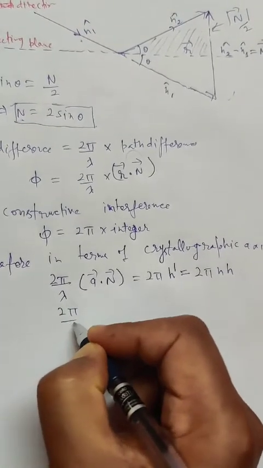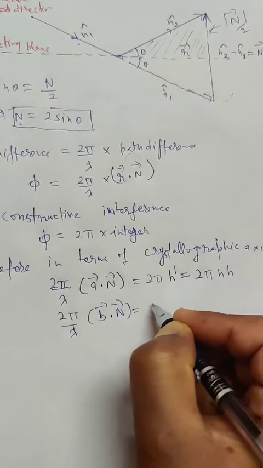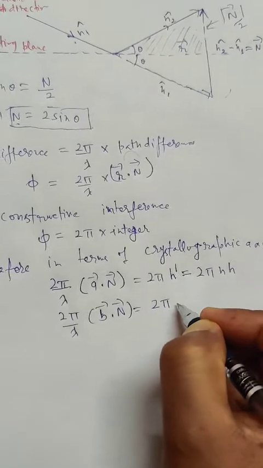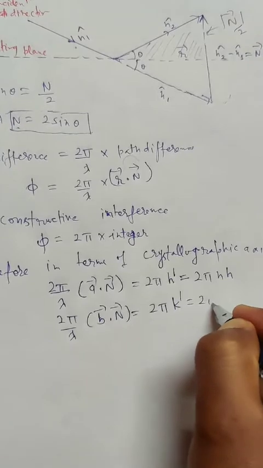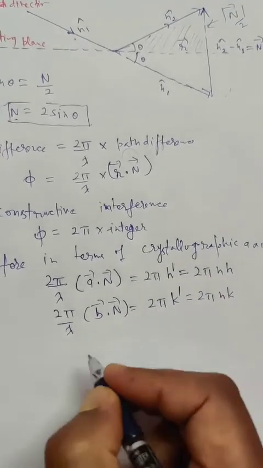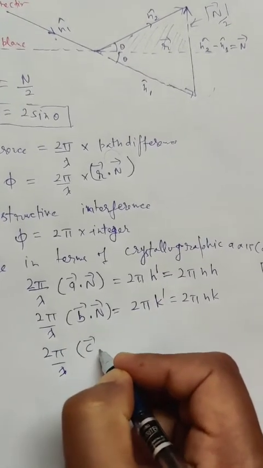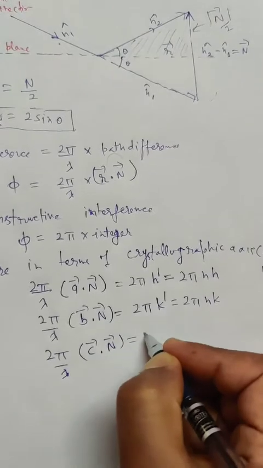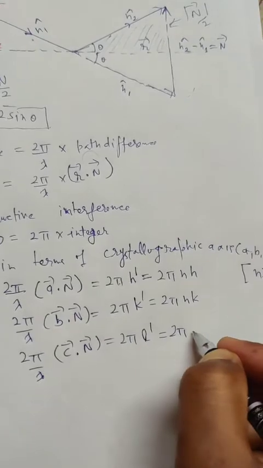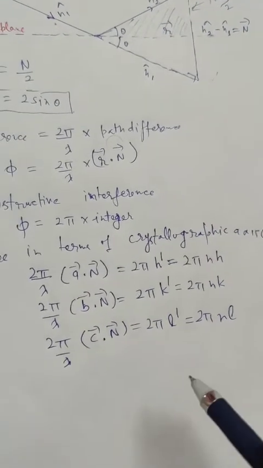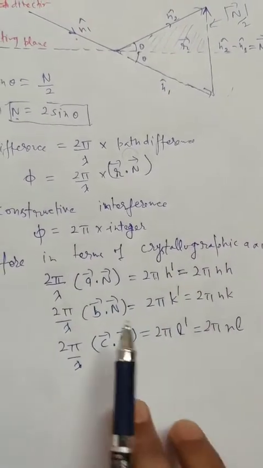For the second crystallographic axis, the primitive will be B, and the Miller index for B will be K, so this will be 2 pi n K. For the third primitive C, this will be 2 pi n L.